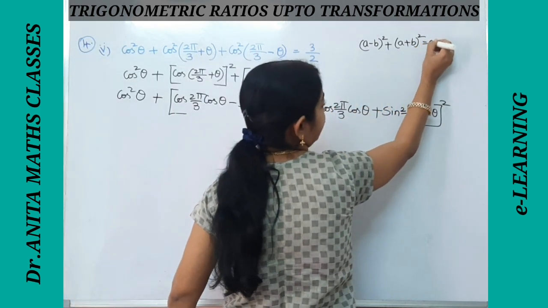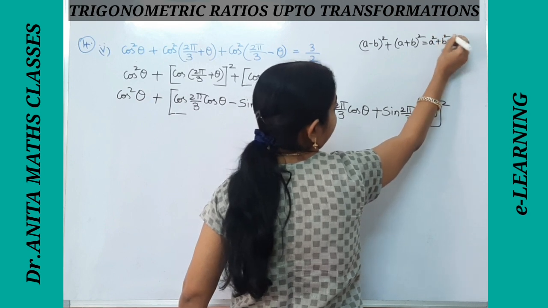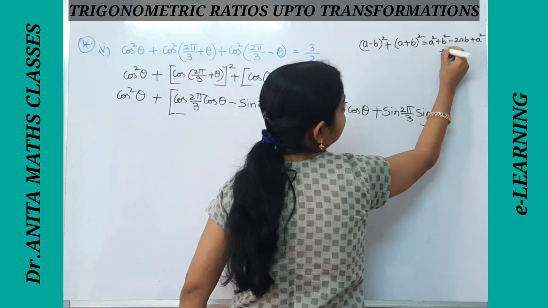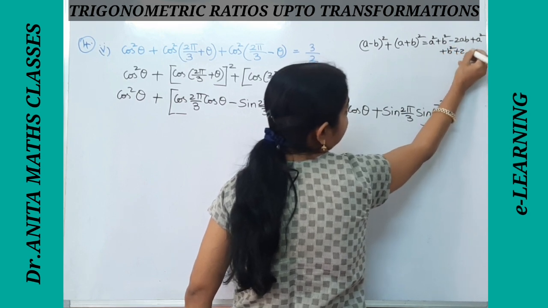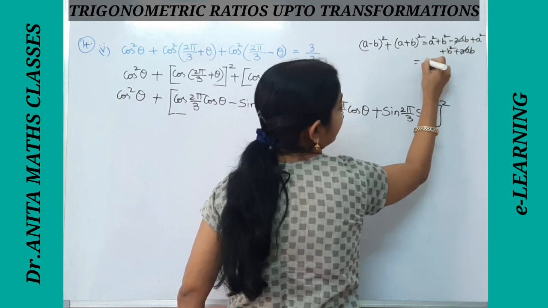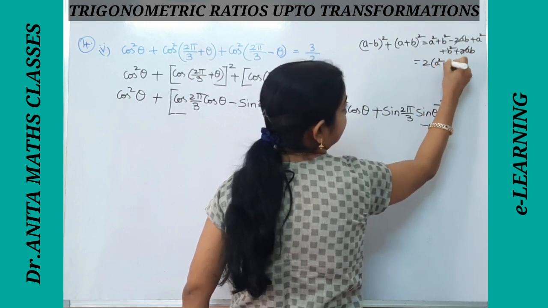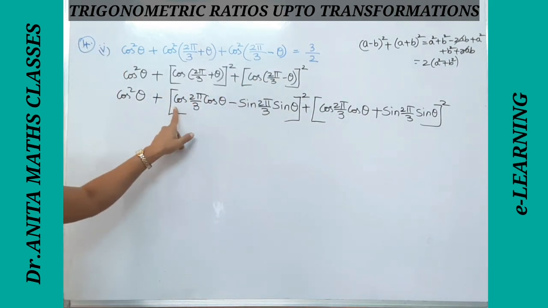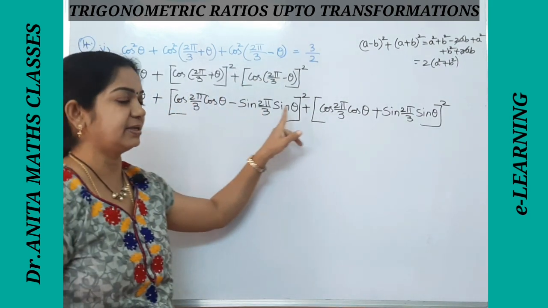We get A square plus B square minus 2AB, again plus A square plus B square plus 2AB. If we cancel this off, what do we get? 2A square and 2B square. So here we will suppose this complete thing as A and this complete thing as B.